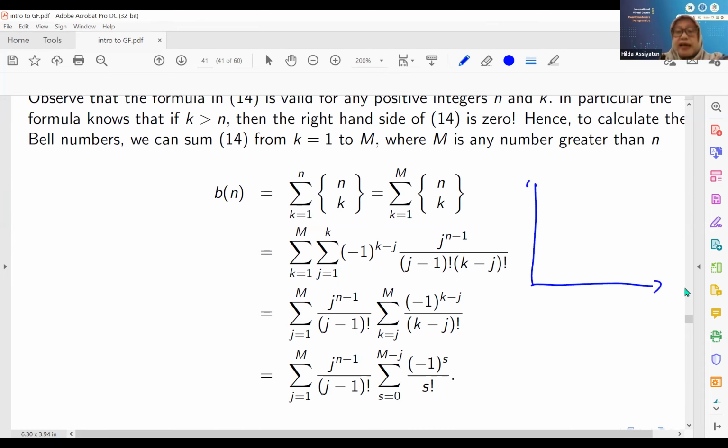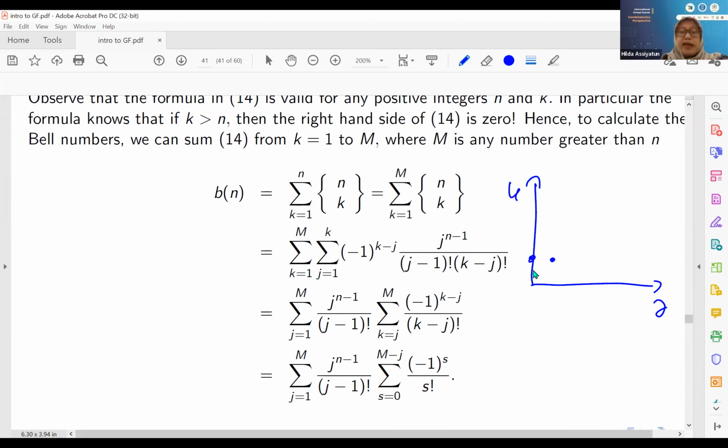Let's say the horizontal axis belongs to j, and the vertical axis belongs to k. So what we do here: we start with k equals 1, and then j equals 1, and we stop here.